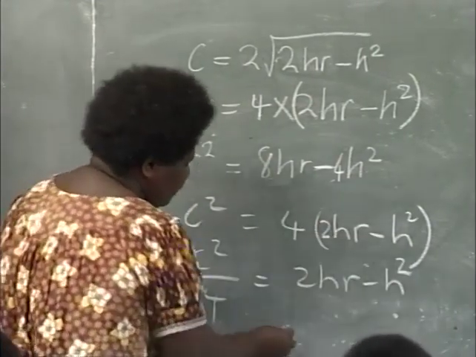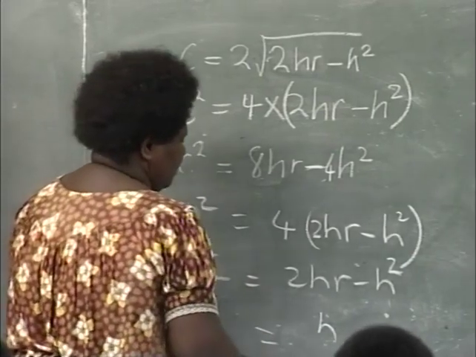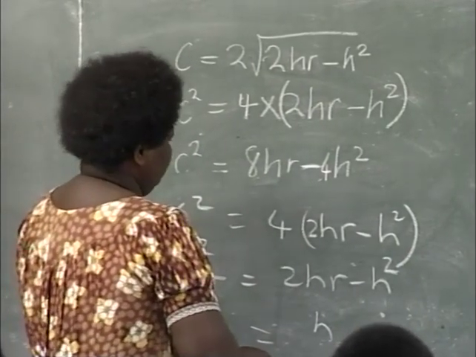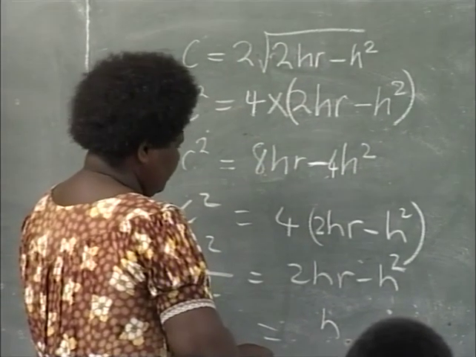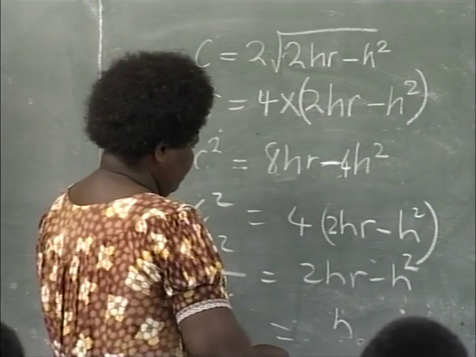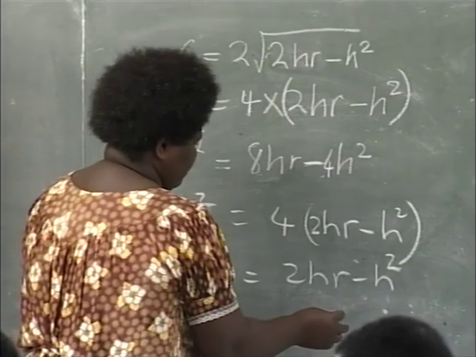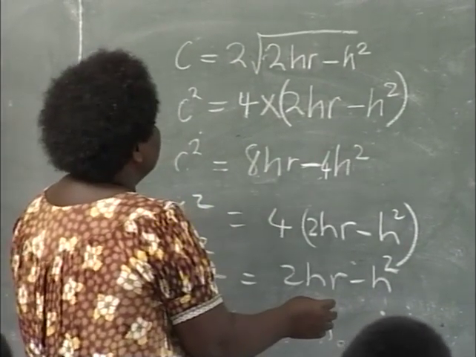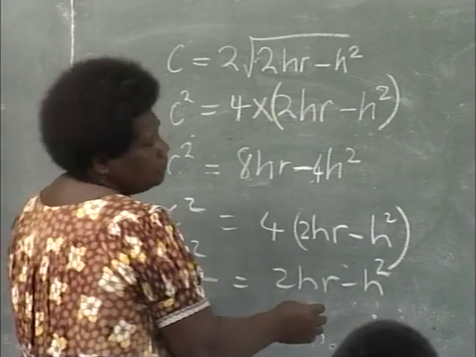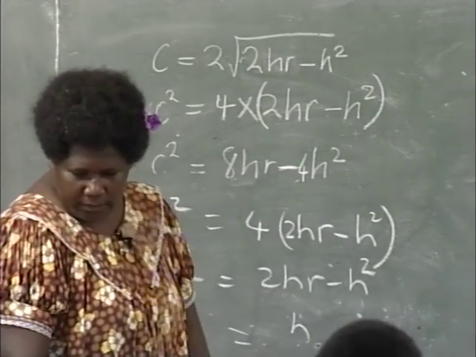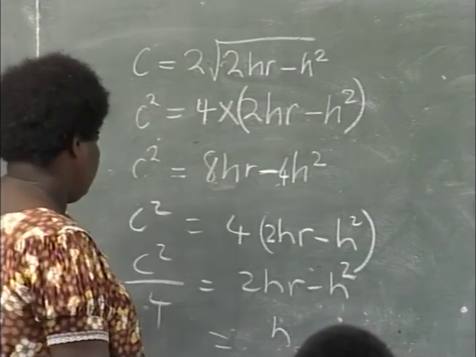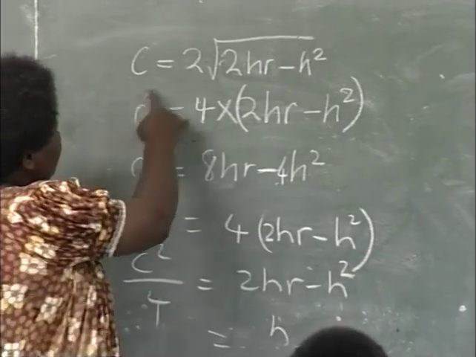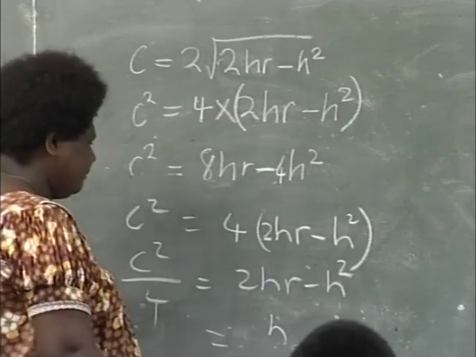Okay, so now we factorize. We now have h. There's still an h somewhere. There must be a mistake. It can't be. Okay, if I divide by that, I get h.